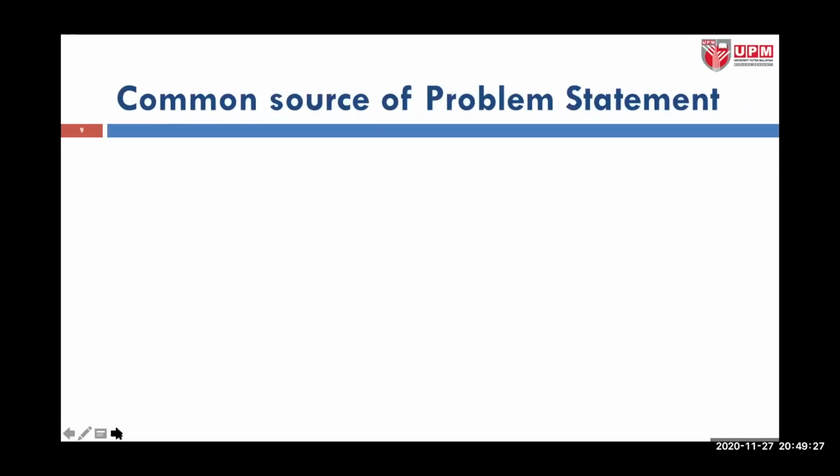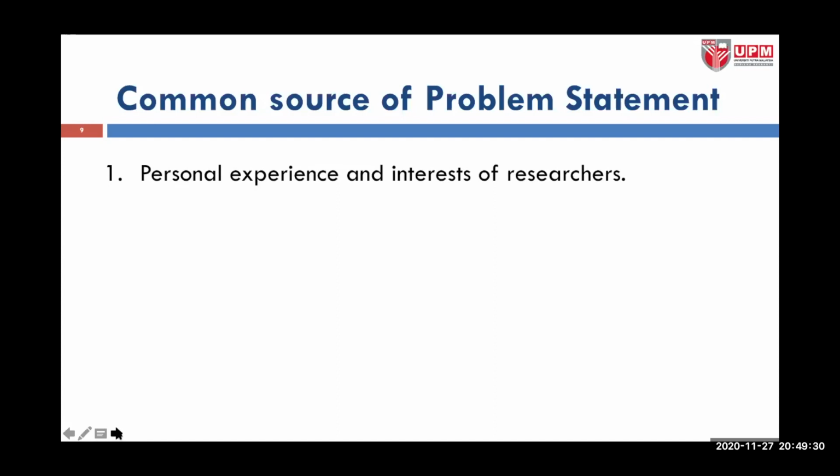A common source of a problem statement may come from your own personal experience, right? Probably maybe you are cooking at home using a certain pan or cooking utensil. So there are issues where maybe the food sticks on the pan, or the pan heats quickly and it's not easy to control.